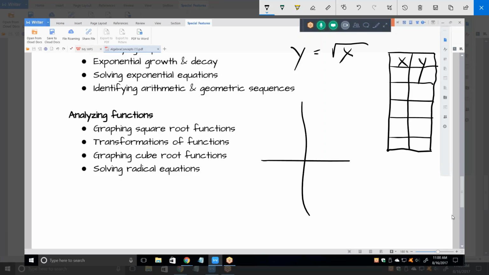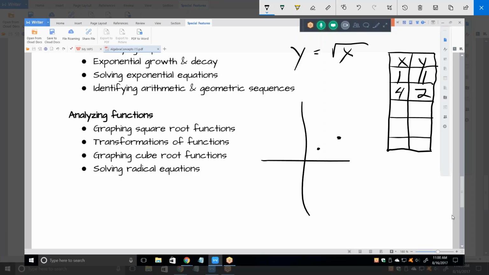1. What's Y when X is 1? 1. Okay. So that point is on the curve. What's another good number? 4. Okay. What's Y? 2. So if I go out approximately 4 and up to 2, that point's on the curve.